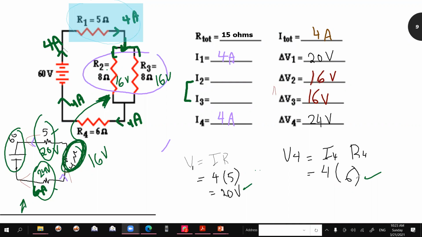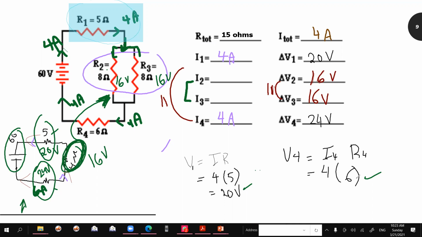And for I1 and I4 here, they are equal, because R1 and R4 are connected in series, and R2 and R3 are connected in parallel. So we need to find now I2 and I3.